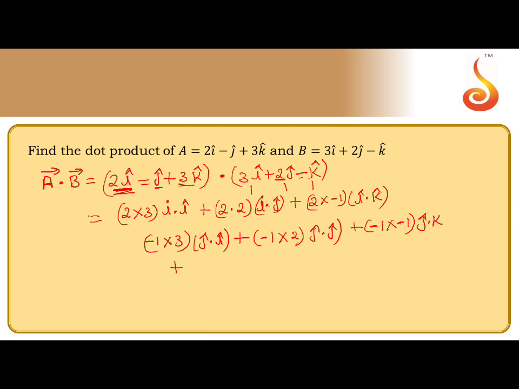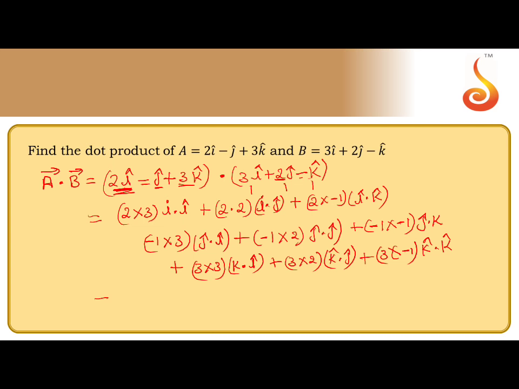Plus, now take 3k: 3 into 3 k dot i, plus 3 into 2 k dot j, plus 3 into minus 1 k dot k.